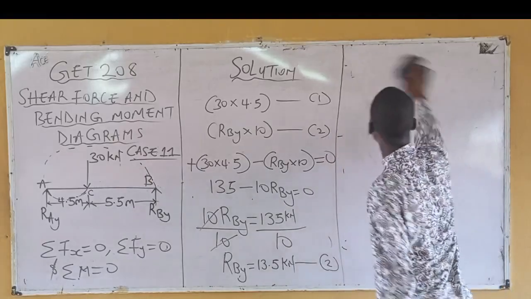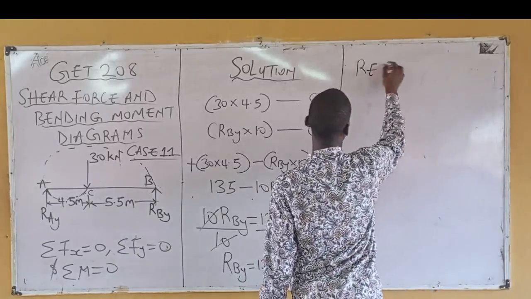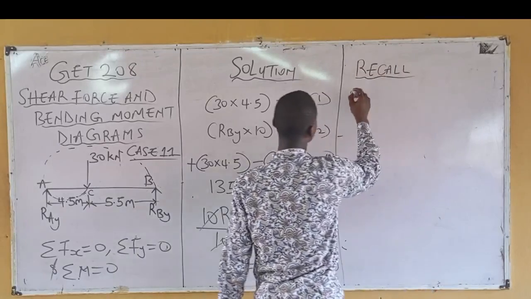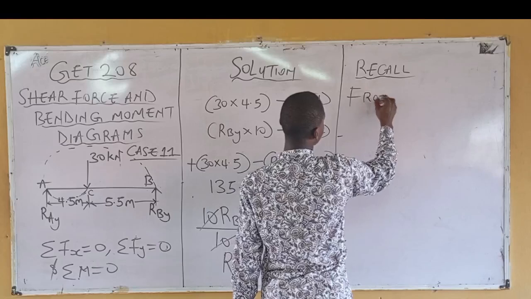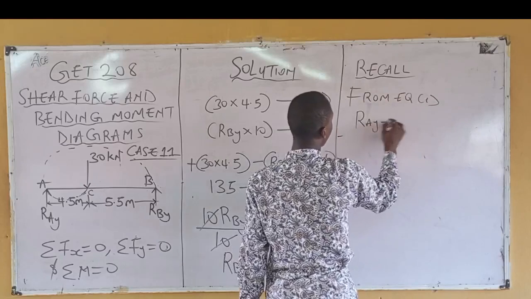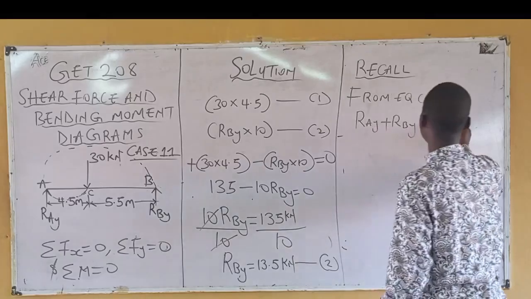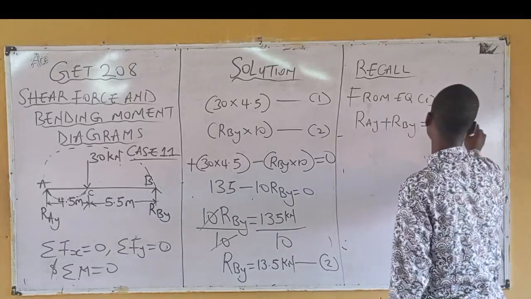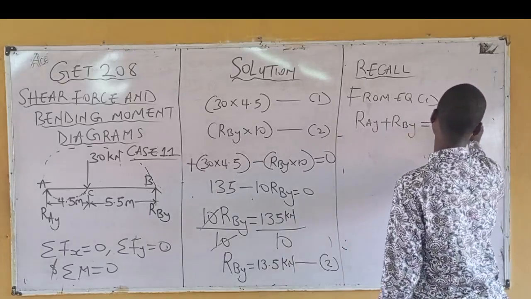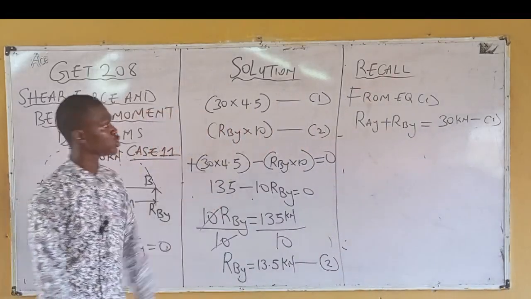Alright, from equation 1. What's your equation 1? Recall from equation 1. What do I have from equation 1? RAY plus RBY is equals to 30 kilonewton, right? This is my equation 1. Now, let's substitute equation 2 into equation 1.